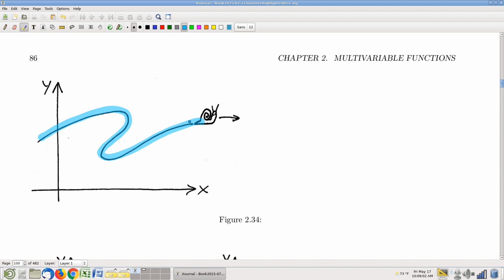Now we want to distinguish between that curve, which is just an inert thing that just sits there, versus the snail's process of moving along that curve, right? One of them is an inert geometric object, a static thing that just sits there. The other is a process, right?